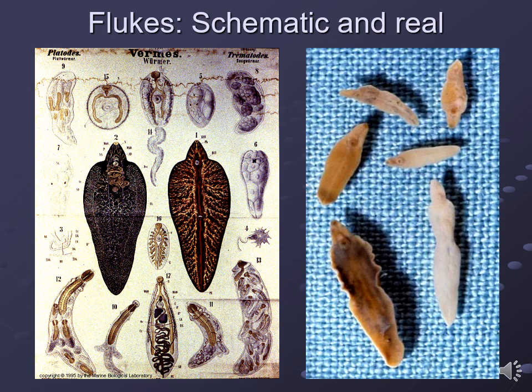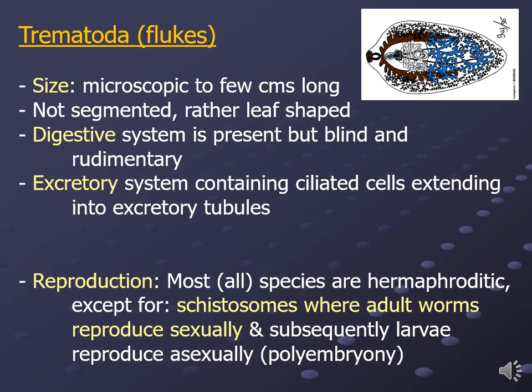Here we can see the leaf-shaped structure of the flukes schematically, and also in flukes that have been isolated from patients. Now, those flukes, the size can be microscopic to a few centimeters. They are not segmented, rather they are leaf-shaped. Digestive system is present, but it's blind and rudimentary.